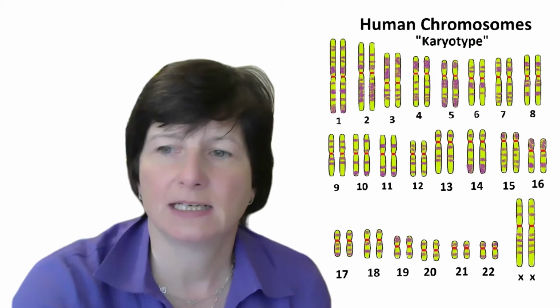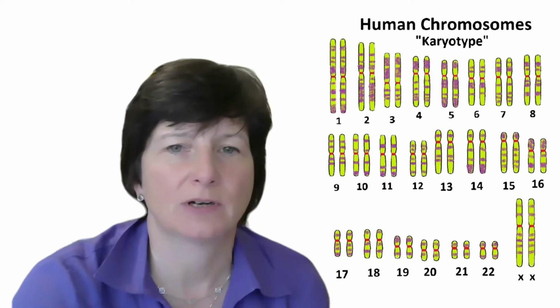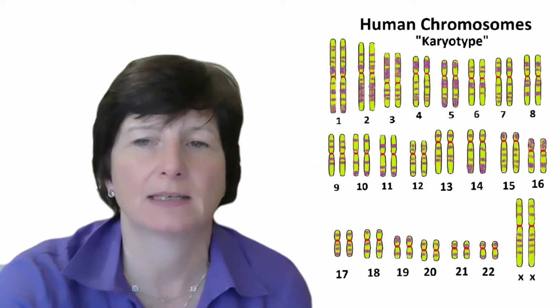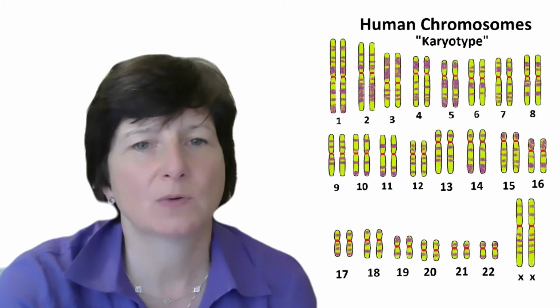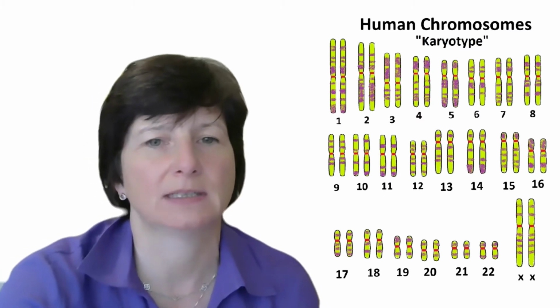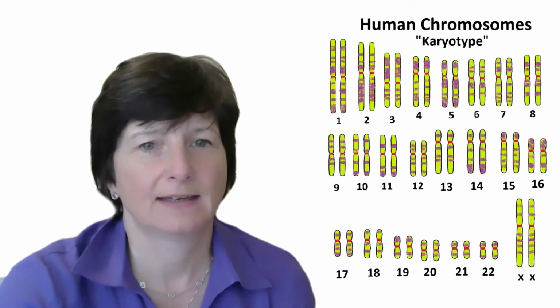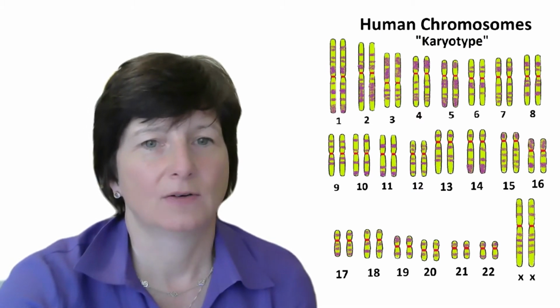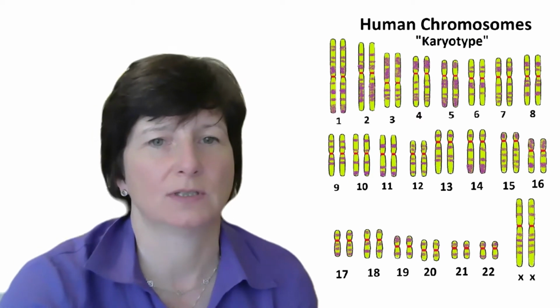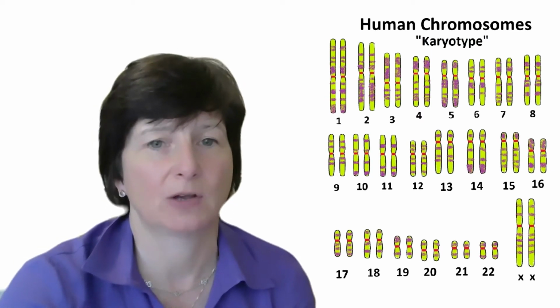So the DNA has been tightly wound around proteins in order to pack it into these chromosomes. Can you remember what name I said the proteins were called that the DNA gets tightly wound around? Okay, the proteins are called histones. You need to know that word for higher biology.